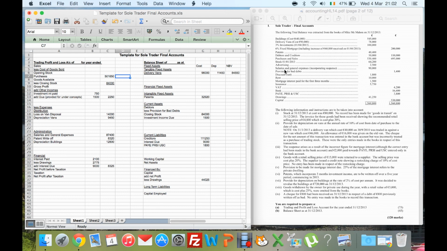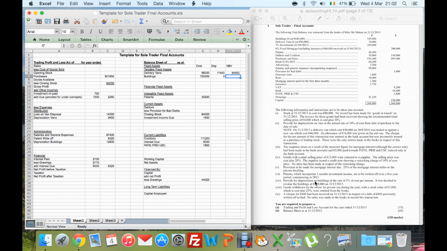So up here are my tangible fixed assets. I have buildings. Now, I know because it's revalued, we're going to have 0 in the depreciation, and we're going to have the new figure here, and we're revaluing it to 720.